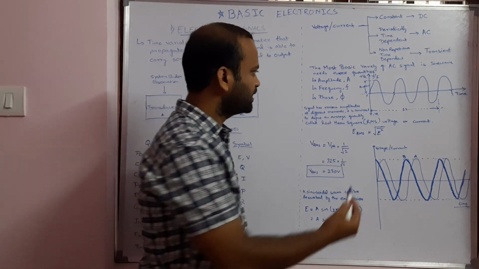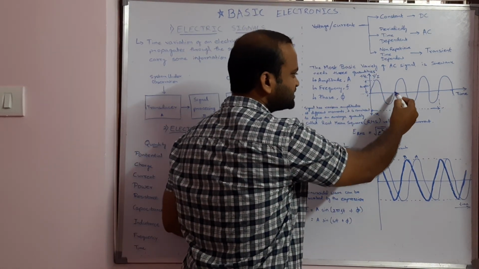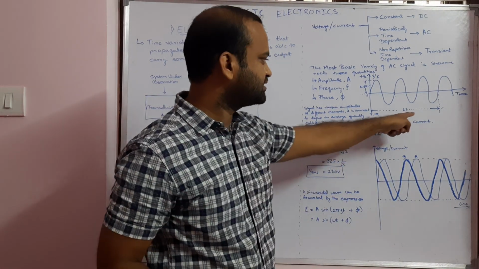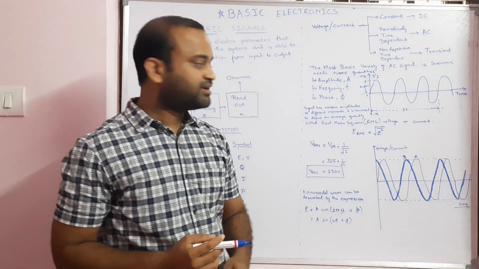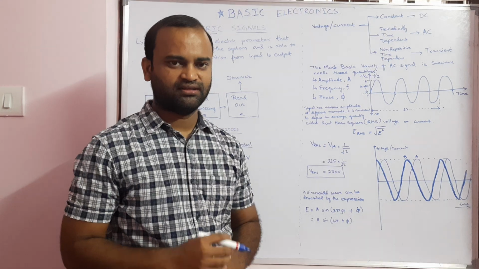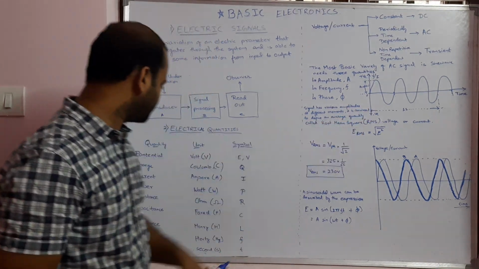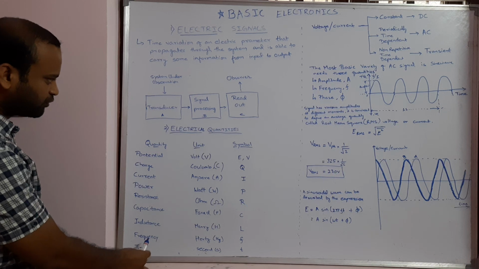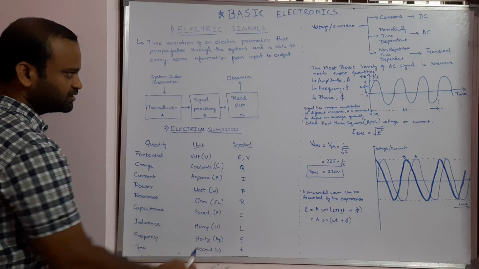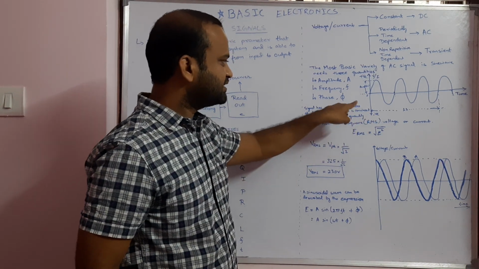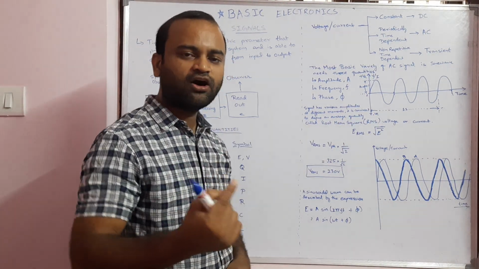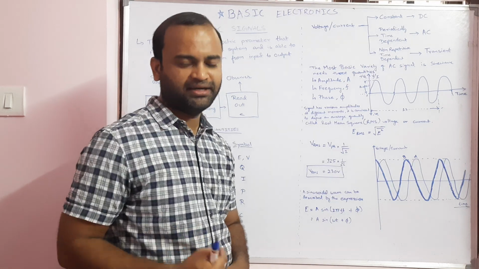You can see that there are 3 cycles repeating within 1 second. Hence, the frequency of this signal would be 3 Hertz. The unit of frequency is Hertz, defined as the number of cycles per second. So in 1 second, how many cycles are repeating?